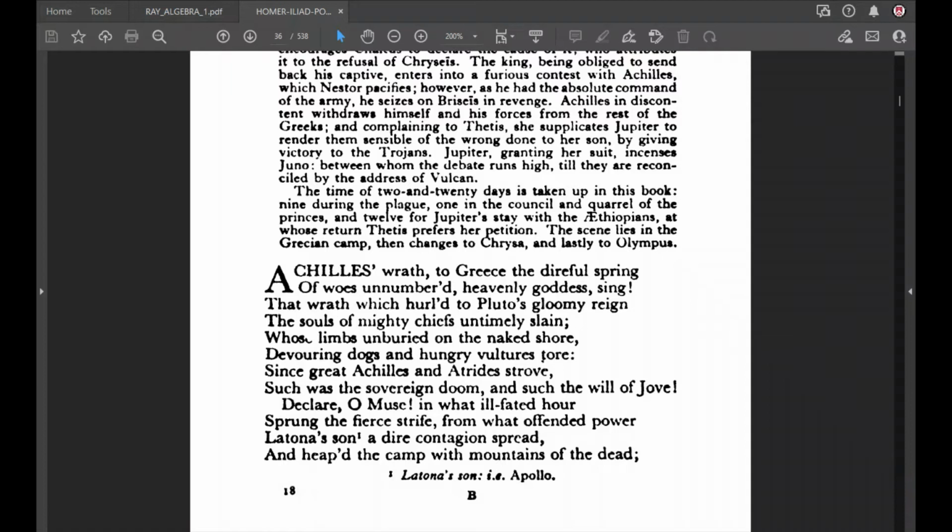So as we read this, when you read it yourself, read it slowly and get into that rhythm. And once you get used to that rhythm, you'll find it very easy to read. Now, when I read that first line, it doesn't seem to make much sense. It's not very clear, right? Achilles' wrath to Greece, the direful spring. That's not clear. But the reason why is because it's a poem. And so the poet will move things around in the sentences in order to fit the rhythm.